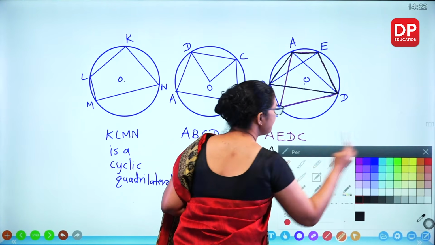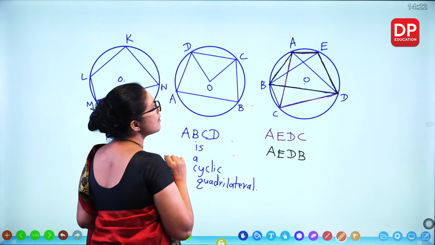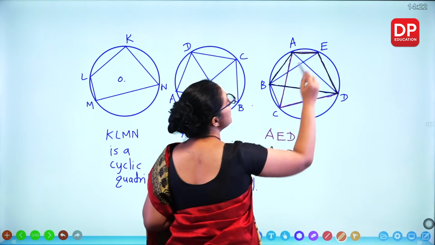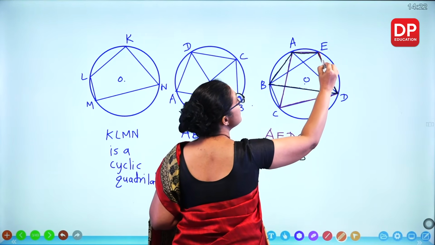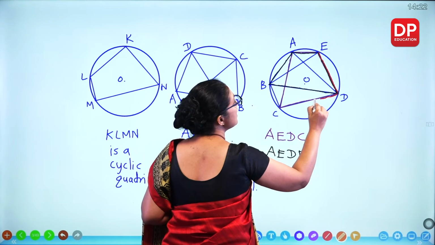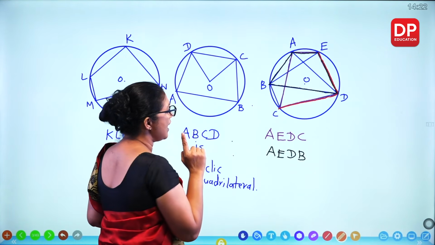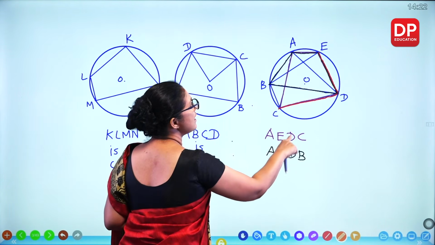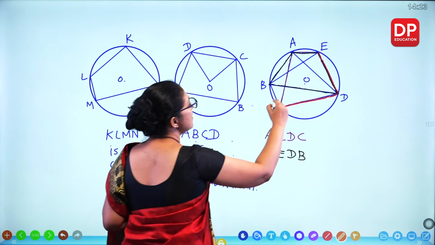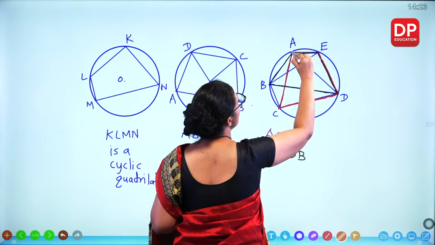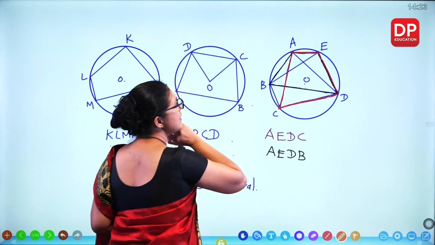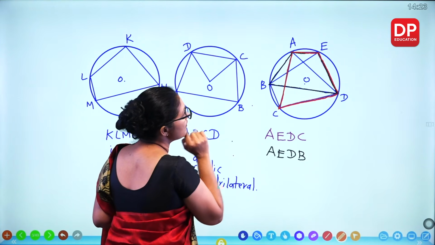Another one. We'll start from E. E, D, C, A. Already done. What about another one?